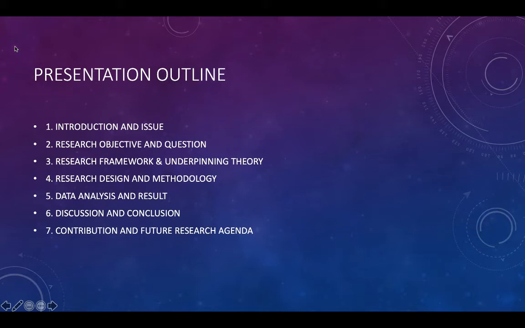The second one is research objective and question. The third one is research framework and underpinning theory. The fourth one is research design and methodology, followed by data analysis and result, and discussion and conclusion. And last but not least is the contribution and future research agenda.